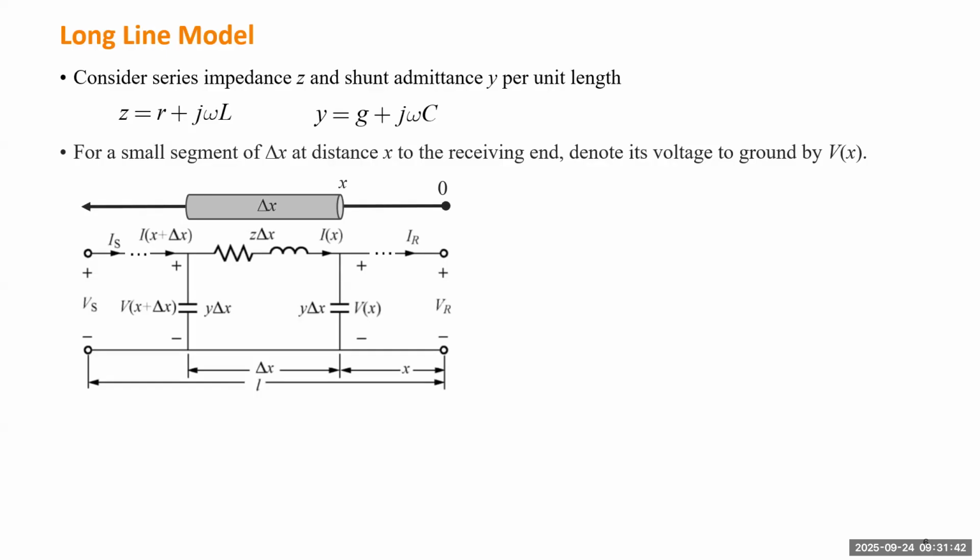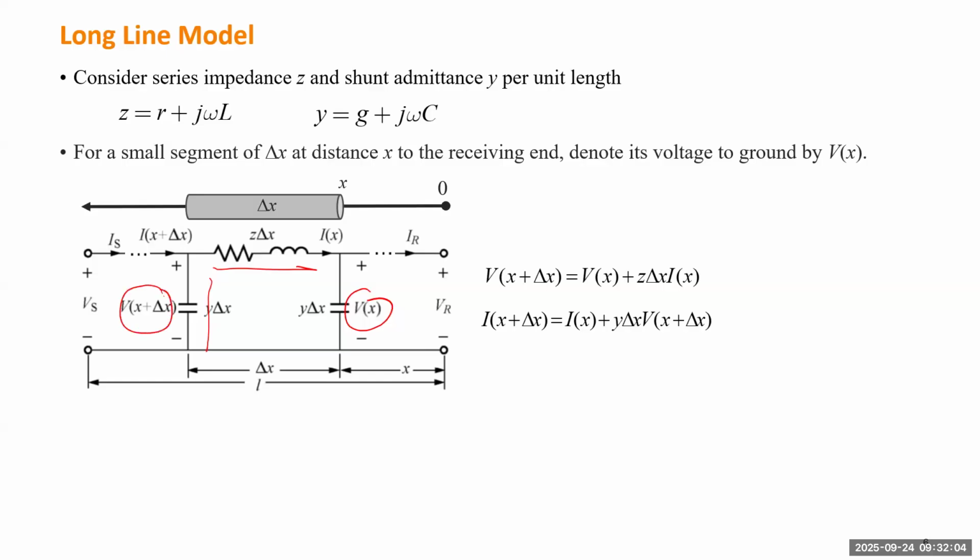Okay, let's continue. Next we apply Kirchhoff's voltage law and current law to this branch and this branch. For the series branch, the voltage will change from V(x) to V(x plus delta x).